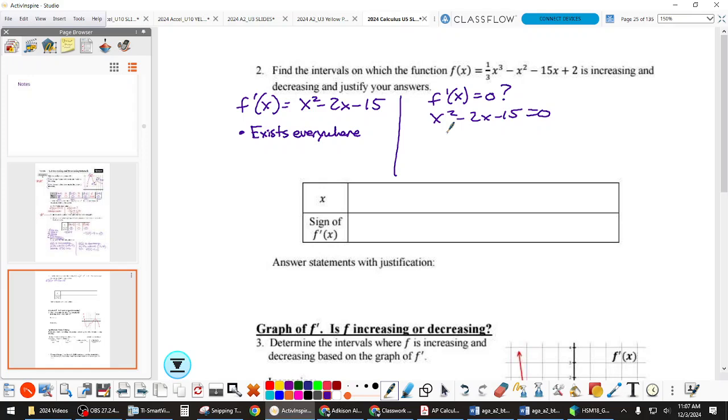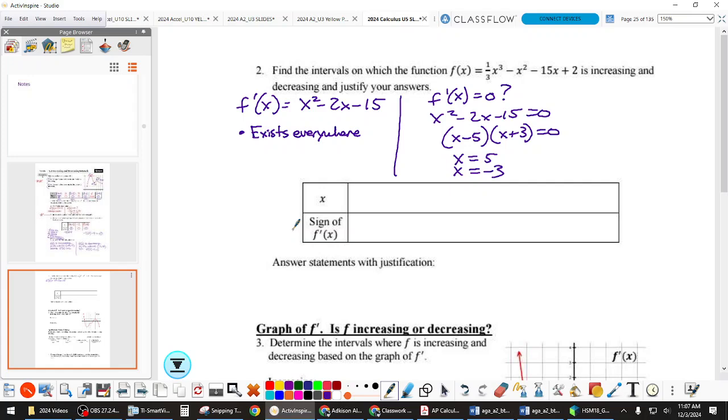Do you use the star method, or guess and check, or what? Star method, or I kind of just look at it and see. Yeah, easy ones like these.